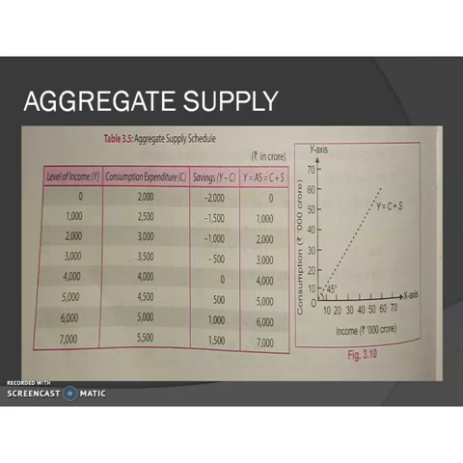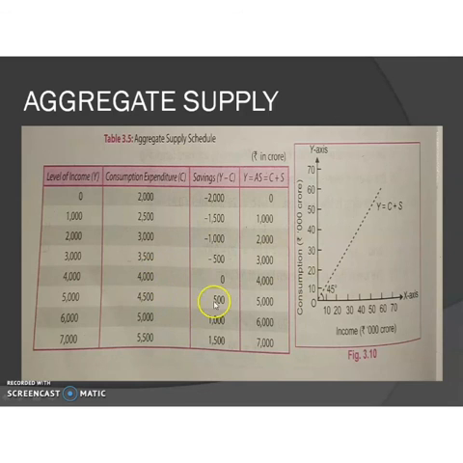So the aggregate supply can be formed by aggregating consumption expenditure and saving expenditure at different levels of income. So the aggregate supply curve can be obtained by adding the consumption and saving schedule, that is C plus S schedule.